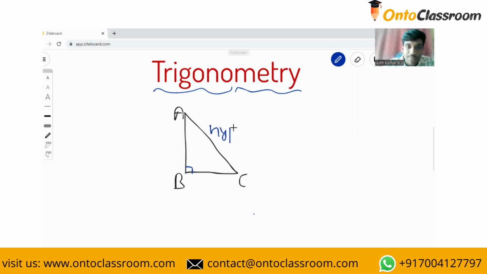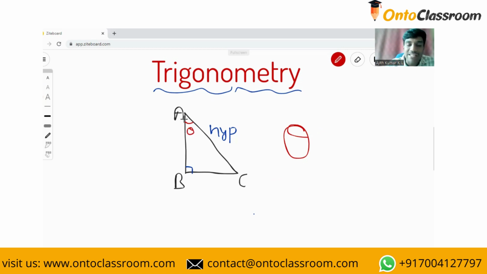Now in trigonometry, we consider angles. Instead of writing angle C or angle A, we use a specific symbol called theta. That means we denote the angle as theta. Instead of writing angle A, if you write theta, it means angle A only.